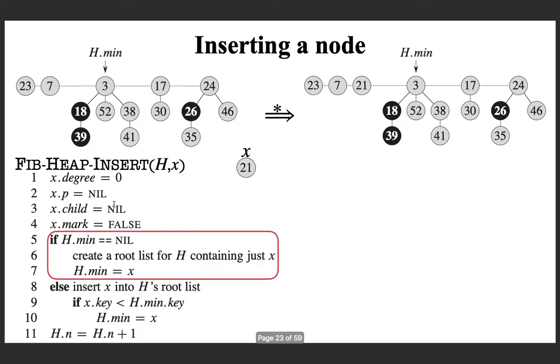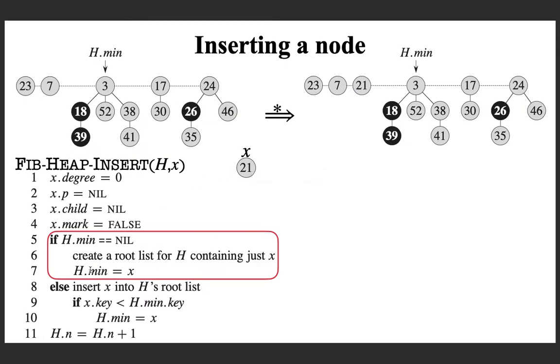Next you are checking: suppose the list given is nil, then this must be the condition. The min pointing to nil means there is no tree. Then originally there is no node in the heap, so you will have only x as the single node in the resulting heap.